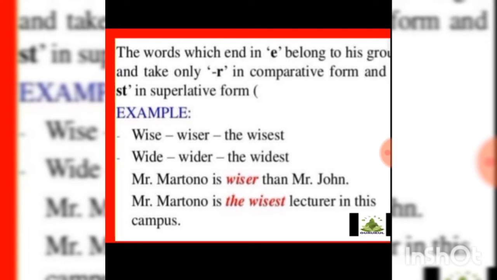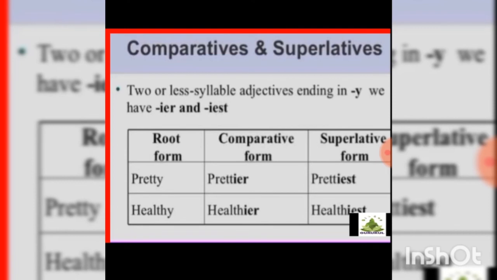Okay. Now the next rule of comparatives and superlatives: when a word ends with Y. Two or less syllable adjectives ending in Y take IER and IEST. So children, for example, pretty, which is either a one or two syllable word.